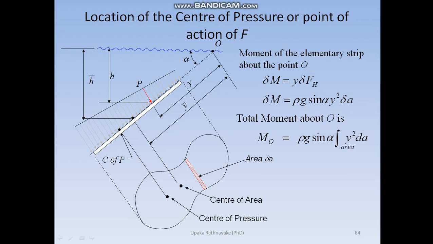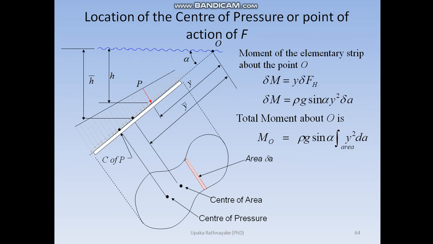If we consider the moment to be delta M, it has to be y into delta F. Now we know what delta F is. It has to be the pressure into the area. So we can express delta M as rho g sin alpha into y squared into delta A.